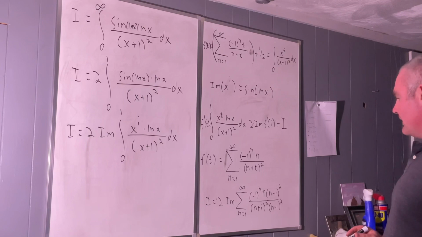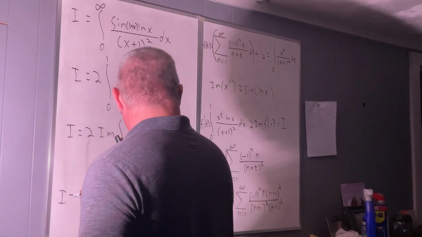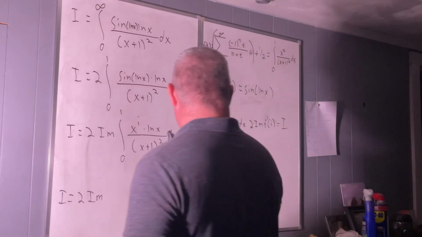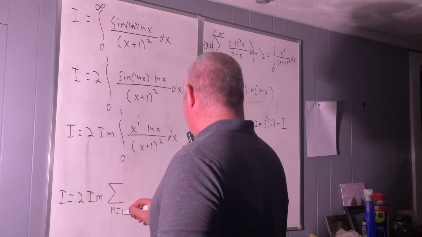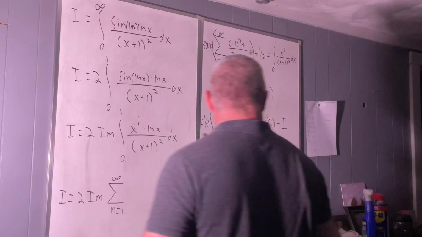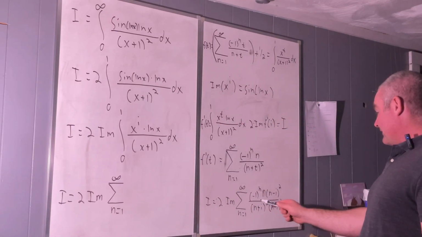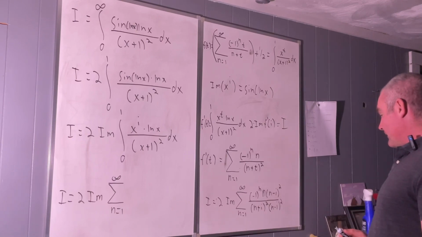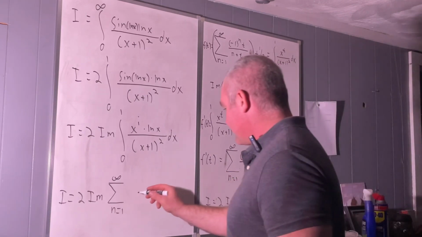All right, so let's rewrite this. That means that I is going to be equal to 2 times the imaginary part of the sum as n goes from 1 to infinity of, that's going to give us n squared, sorry, that's an I, n squared minus I squared, or in other words, n squared plus 1 all squared.